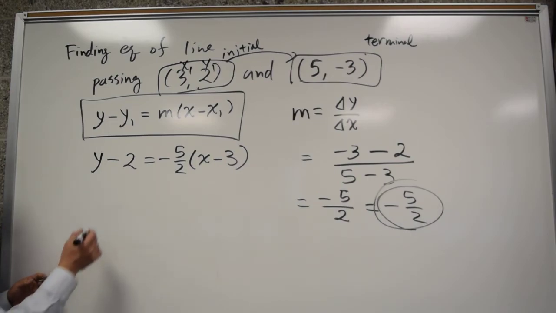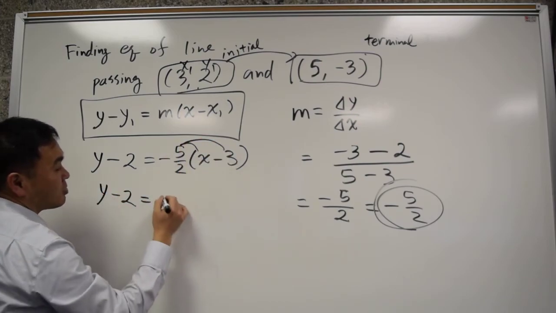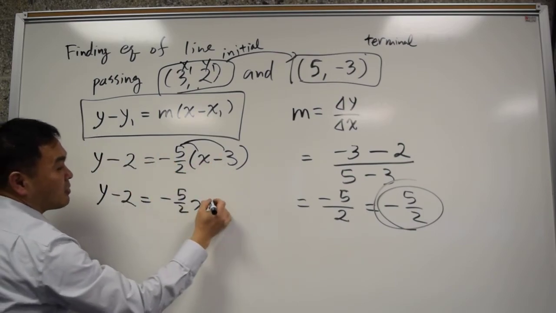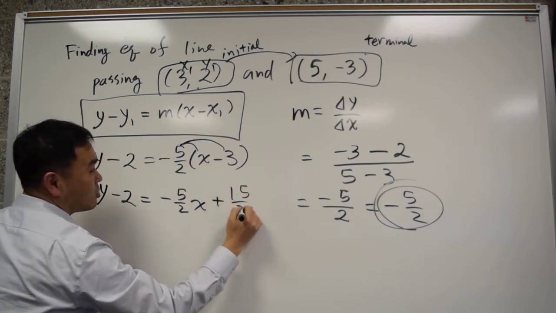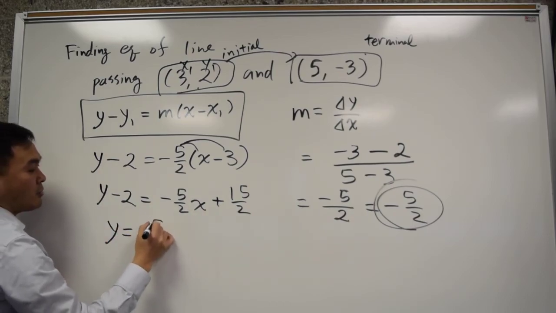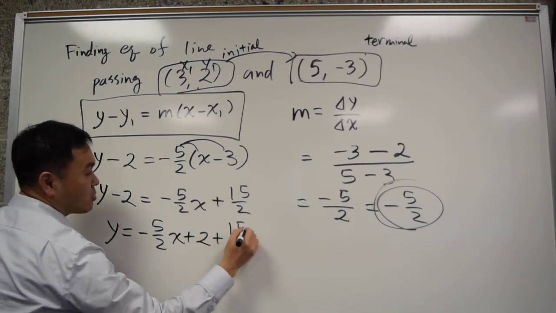We have to solve for y. Let's do that. So y minus 2 equals negative 5 over 2 times x minus 3. Multiply: negative 3 times negative 5 is 15, positive 15 over 2. Add 2 to both sides, so you have y equals negative 5 over 2 x plus 2 plus 15 over 2.